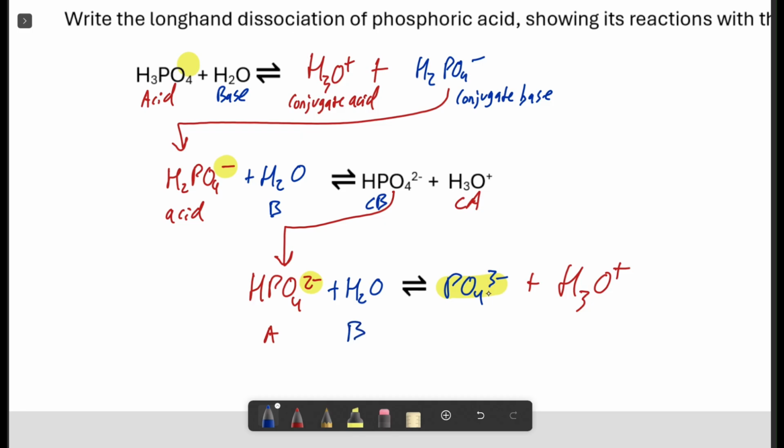Okay. PO4 3 negative, is that going to be a conjugate base or a conjugate acid? Notice how it's the thing that has lost its hydrogen ion. So after this one has given the hydrogen to the other, it's now become a base.